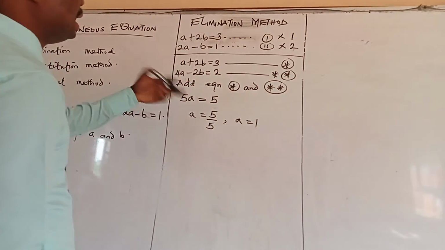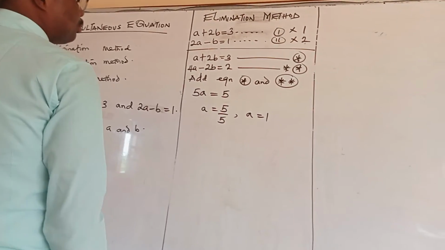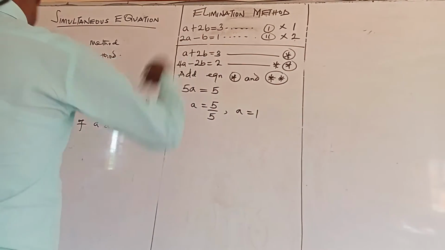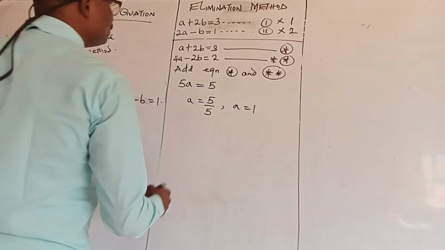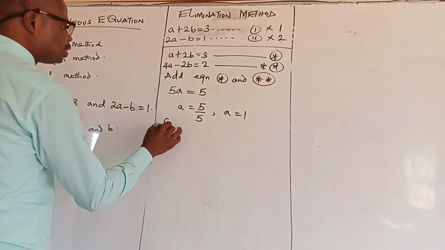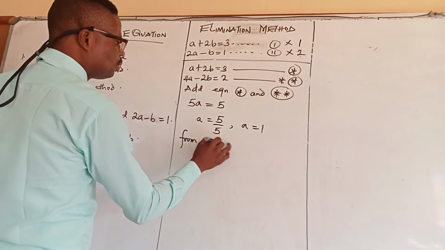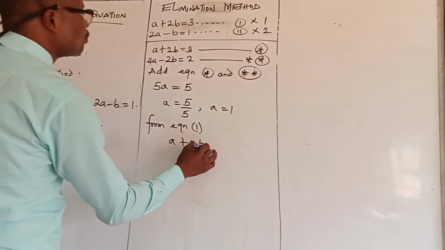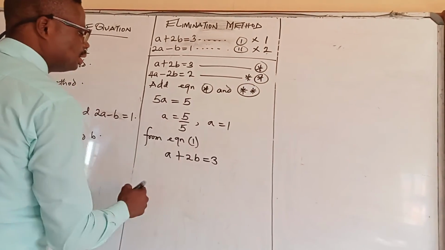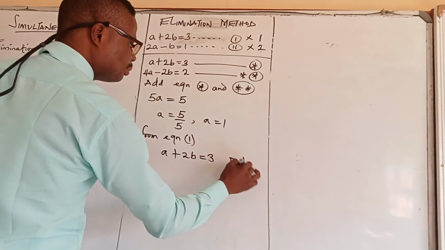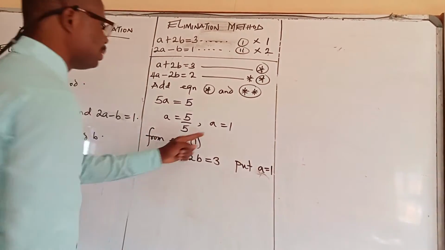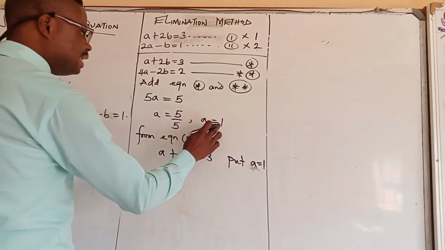Then we can pick any of the equations and substitute for the value of A to get the value of the other variable. Let's pick equation 1: A plus 2B is equal to 3. Let's put A equals 1, because the value of A here is 1.